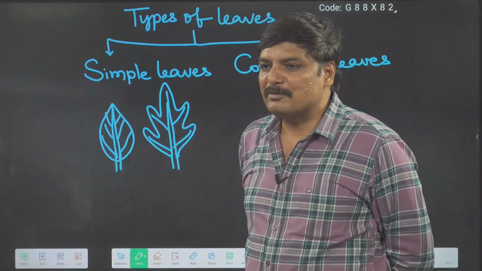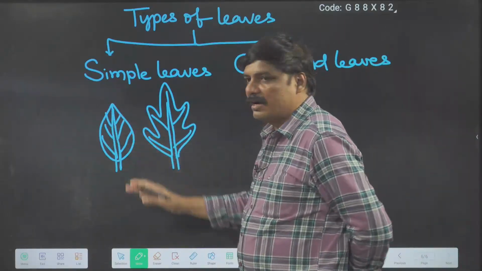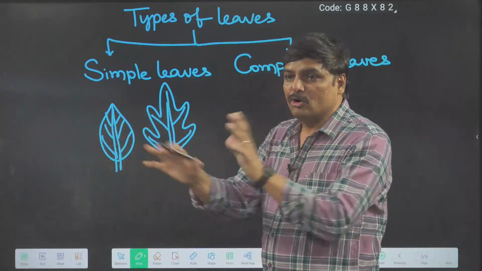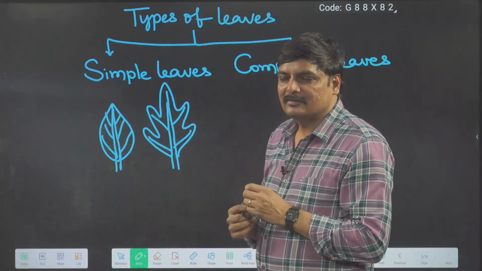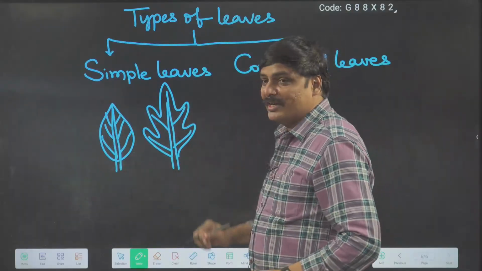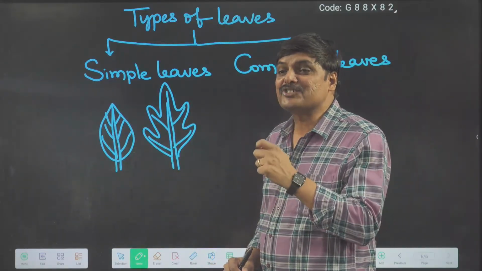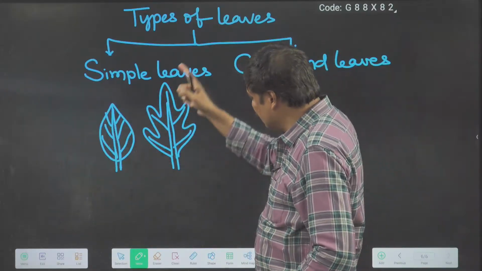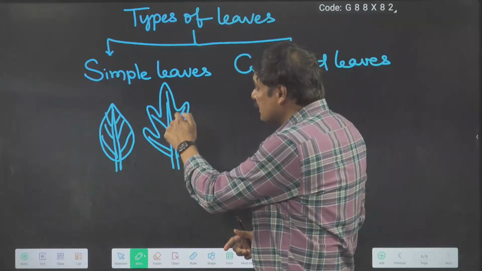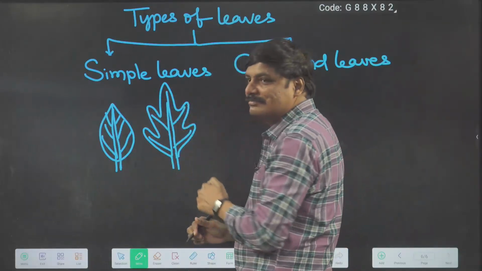What is the difference between them? Here the lamina is entire, a smooth lamina, with no depressions on it. This is also a simple leaf, but it has some incisions and foldings. Here the incisions did not touch the midrib.